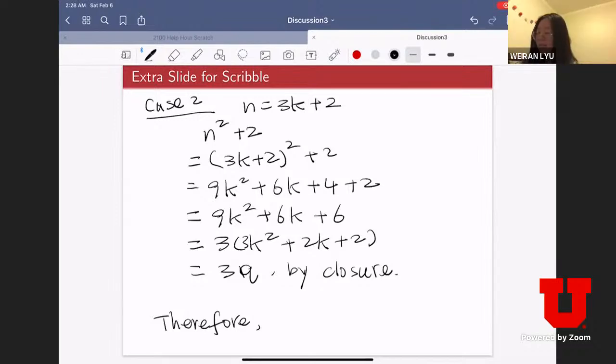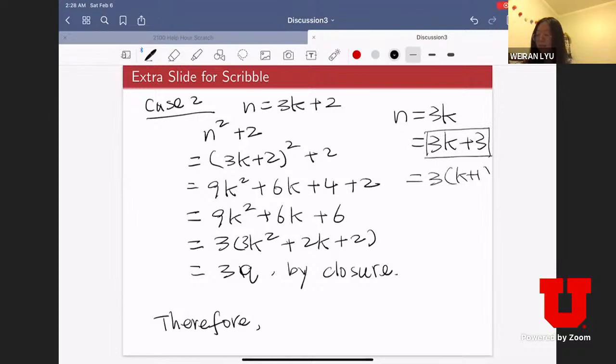So if you're saying that n is divisible by 3, it's basically the same as n equals 3k or n equals 3k plus 3. They still are all the same. If you think about 3k plus 3 and use closure again, that's still 3 times some variable.